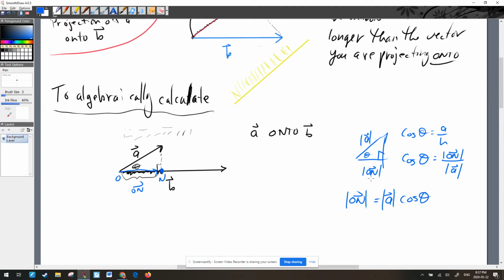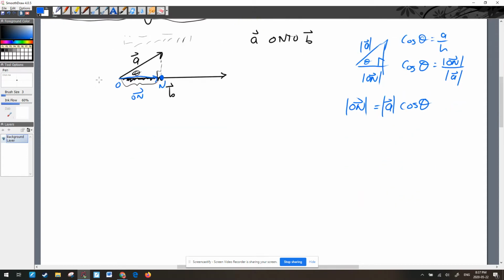Now, this is getting relatively close to something that we already know. So if we recall that A dotted with B is equal to the magnitude of A times the magnitude of B times the cosine of theta, that's pretty darn close, right?